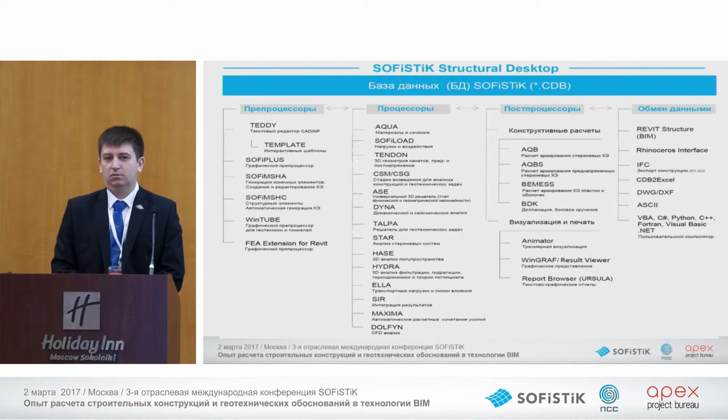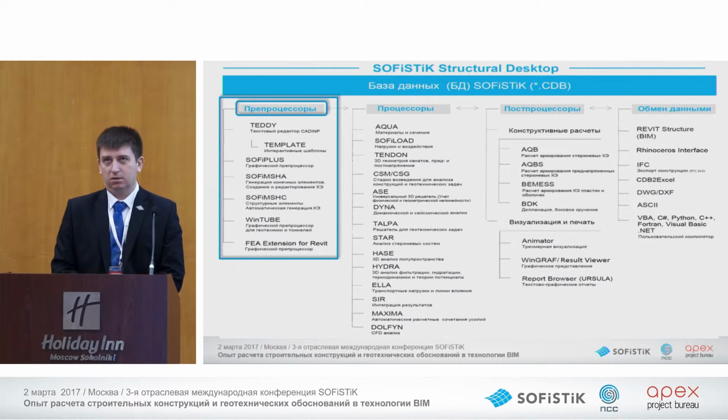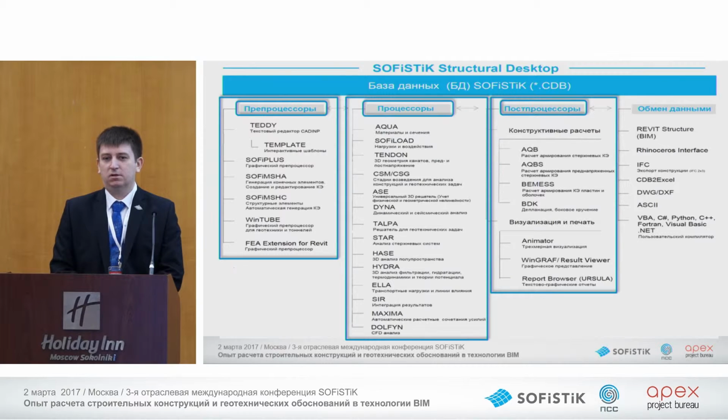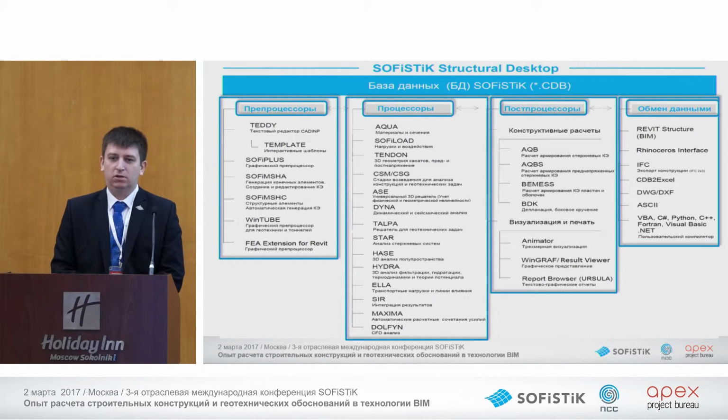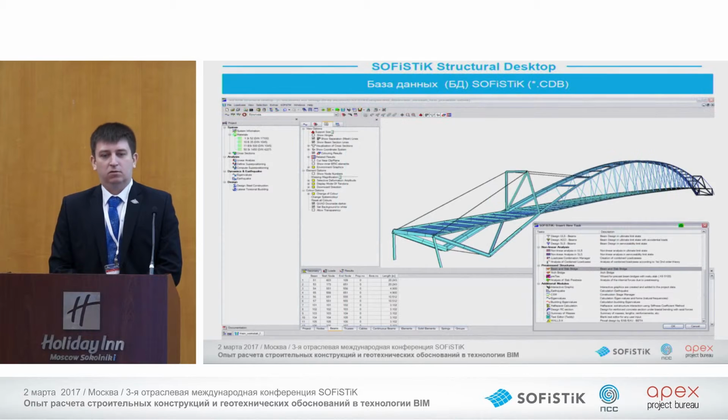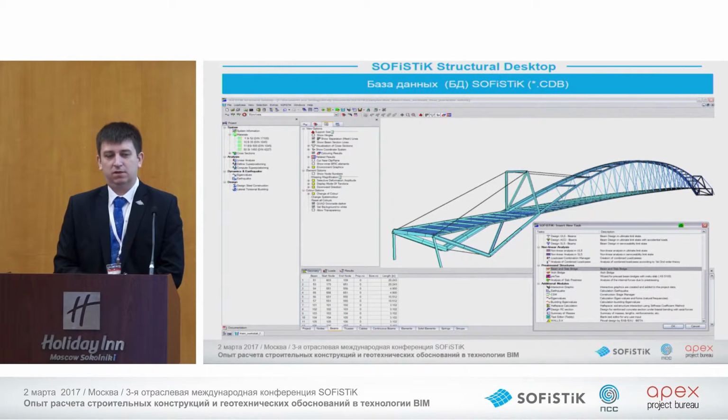Here you can see a list of modules, because I mentioned that this product has a modular structure: the preprocessors, processors, solvers and post-processors, and some modules for data exchange with other applications. Everything that combines them is a single SOFiSTiK database. That's the main user interface.